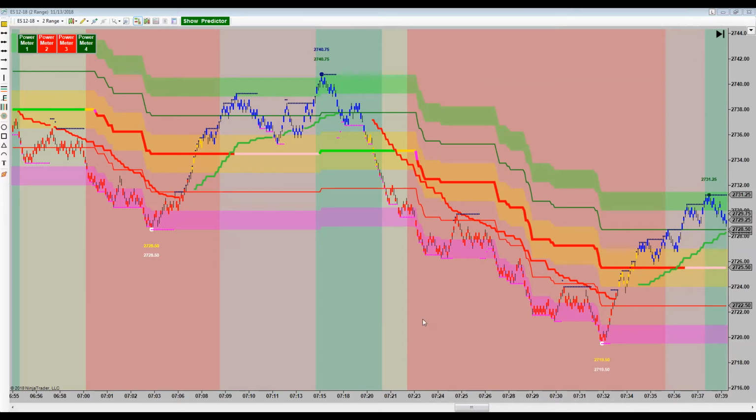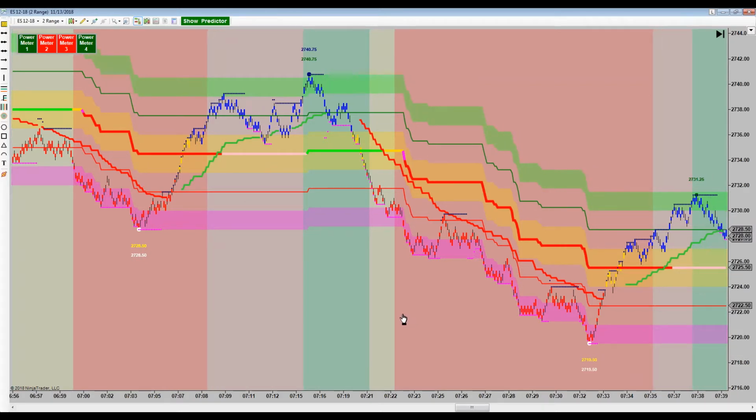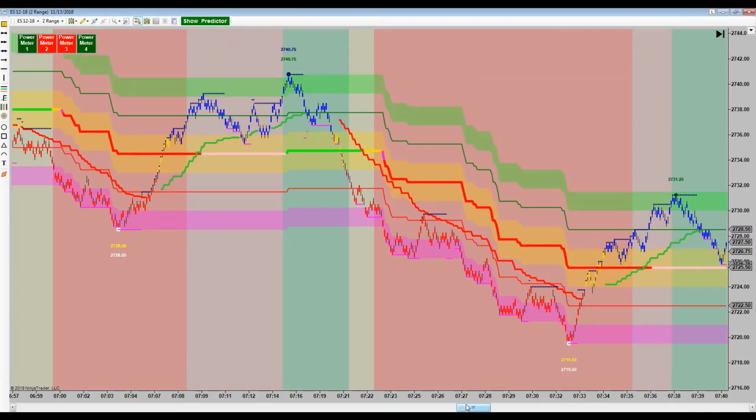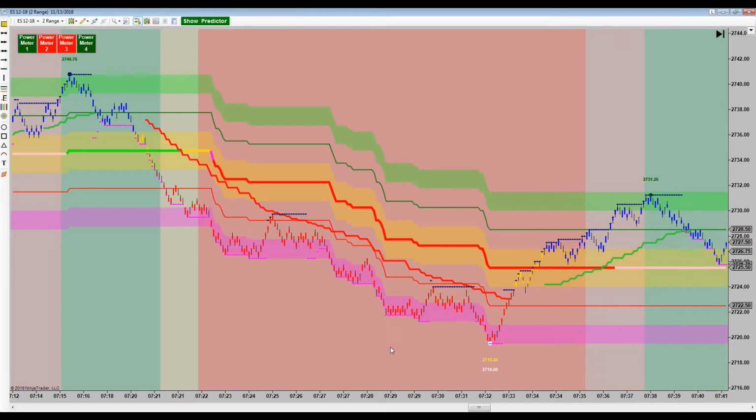Right here at 7:39, I'm going to start to advance the chart, reconstructing real time for you. Blow the bars up a little bit here for you. So right now we're at 7:41 a.m. Pacific on ES. All right.